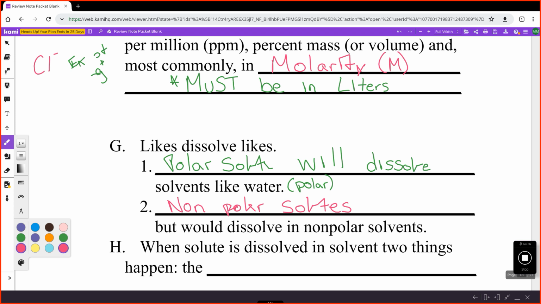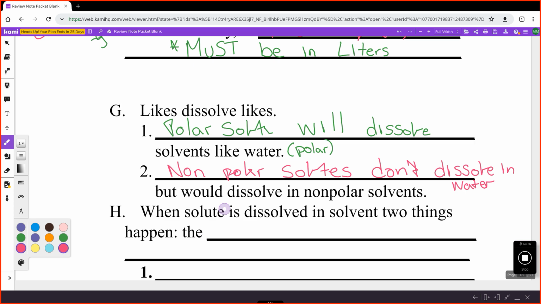So non-polar solutes don't dissolve in water. They don't dissolve in water, but they would dissolve in a non-polar solvent. Okay? Likes dissolves likes. Similar polarities dissolve in other similar polarities.